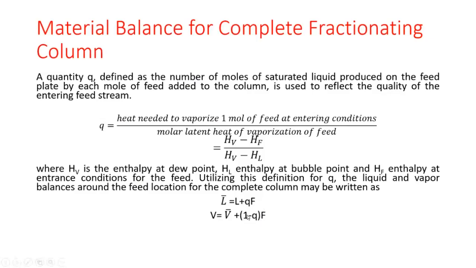Since 1 is the total fraction, 1 minus Q is the fraction remaining for the vapor portion, multiplied by F.